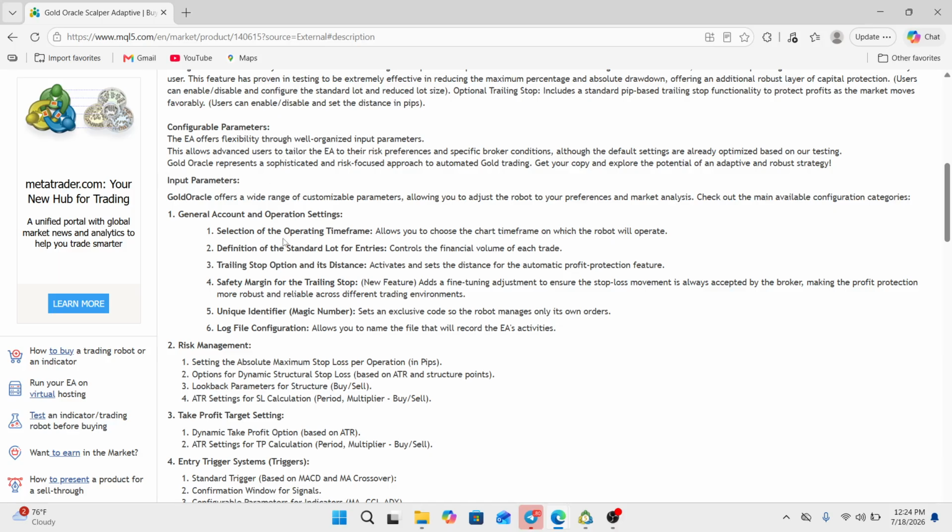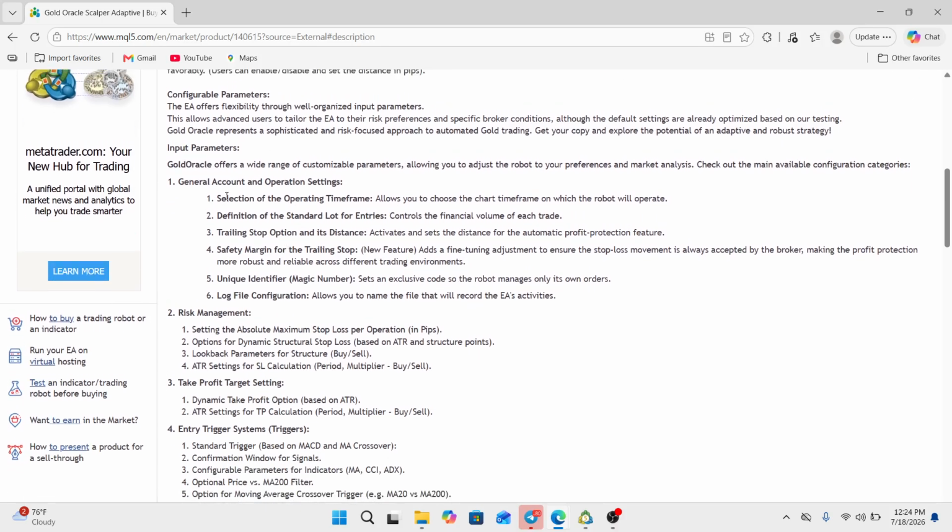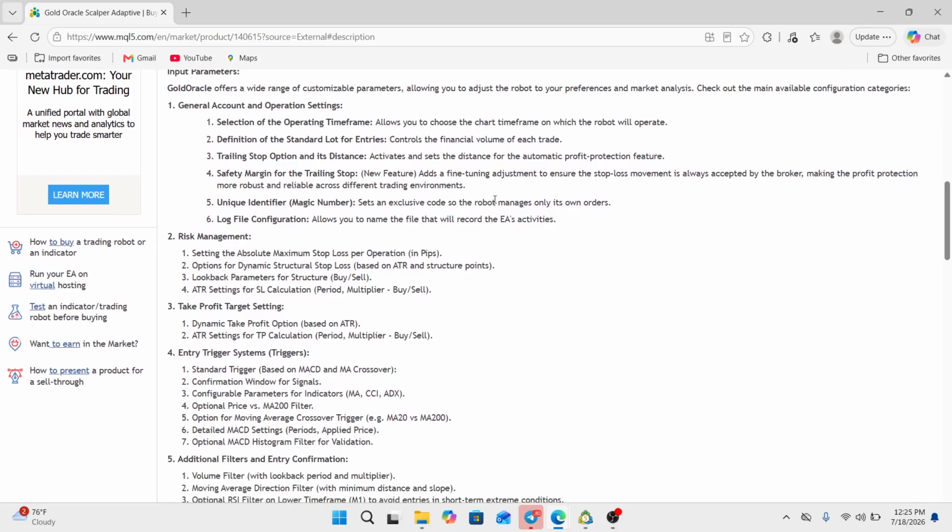As you can see, the input parameters, we have the general account and operation settings, including the selection of operating time frame, definition of the standard lot for entries, trailing stop option and its distance, safety margin for the trailing stop, unique identifier, which is the magic number, and the log file configuration, which allows you to name the file that will record the EA's activities.